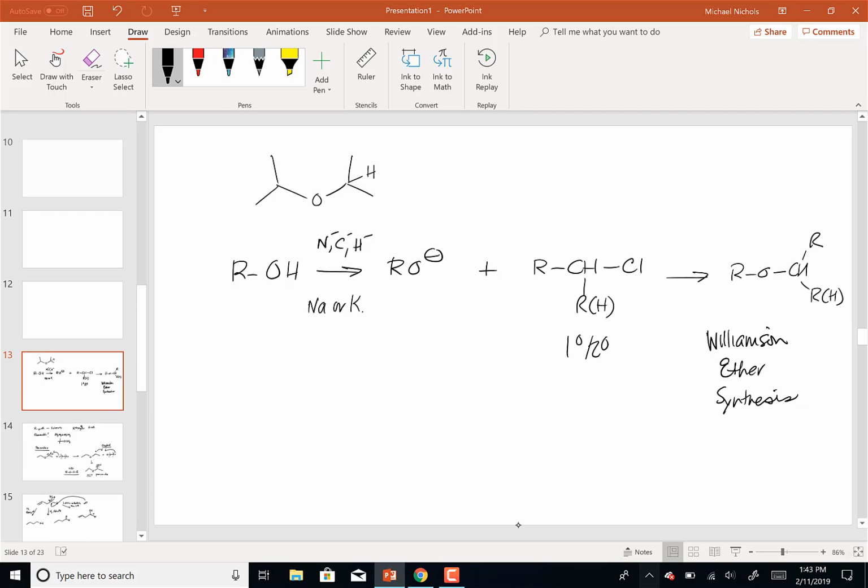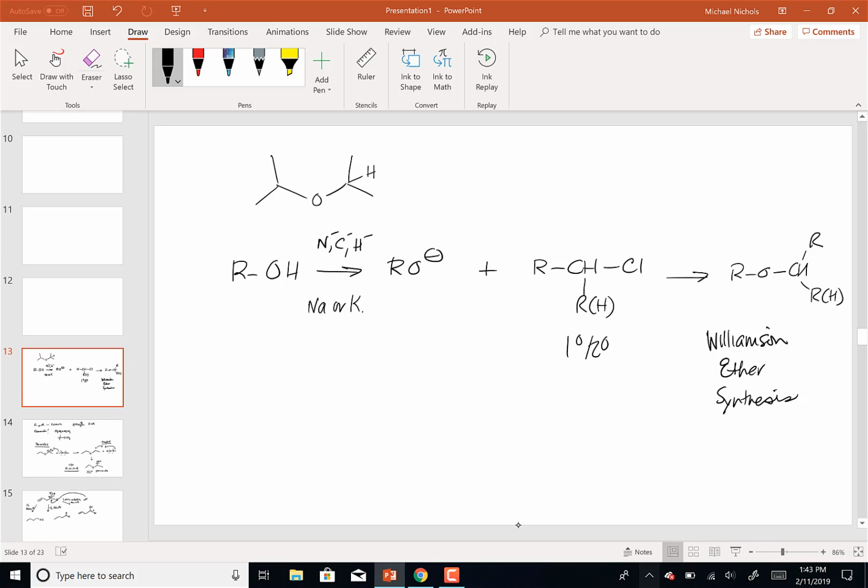The other method that we can use is to use alcohols to make the ethers. And there's going to be nothing new in any of these reactions. So this is review.